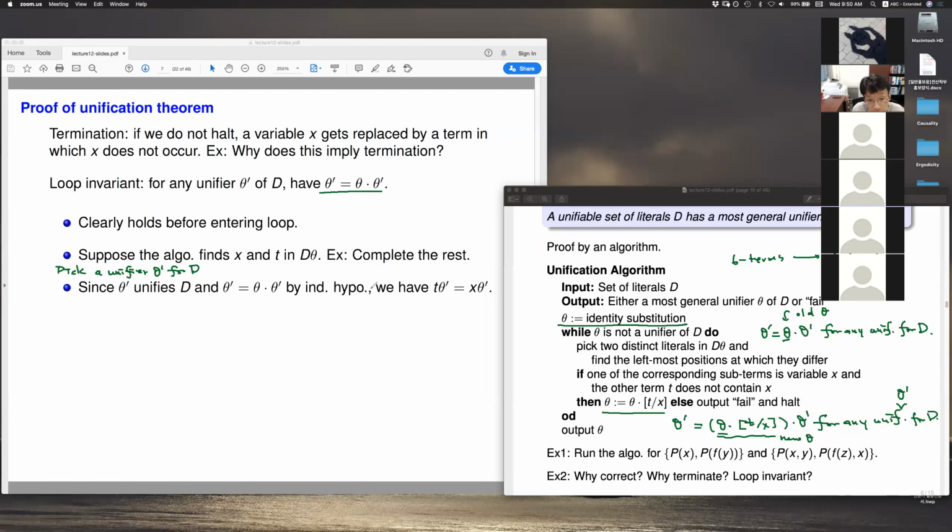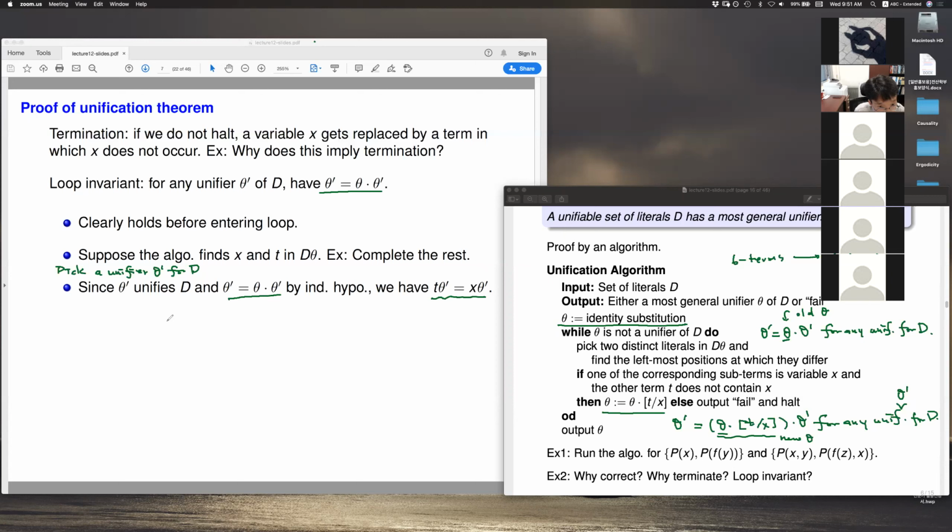Then by the induction hypothesis, which is some fact that we can assume to be true when we enter the loop, we know that this relationship is true, by the assumption that we can make. Because this assumption is true, and theta prime is a unifier for everything in D, this relationship has to be true. Why is this the case?